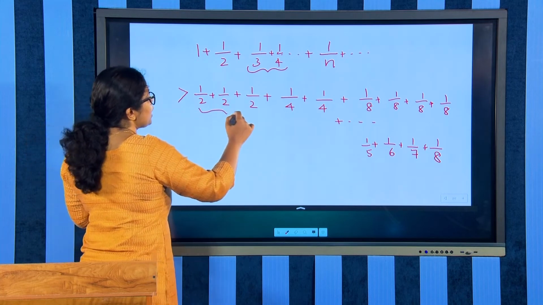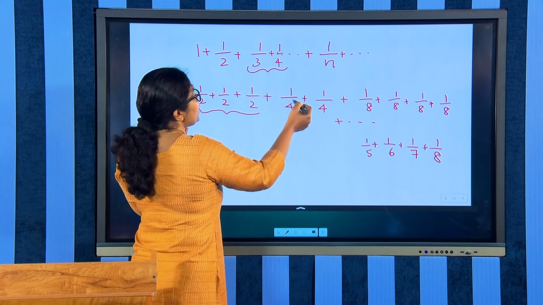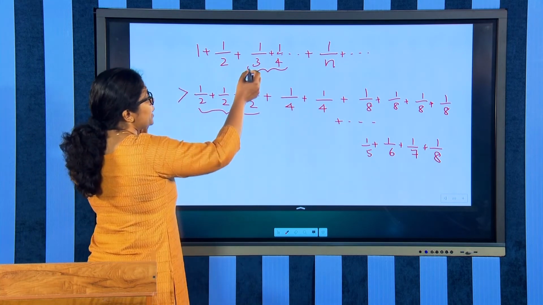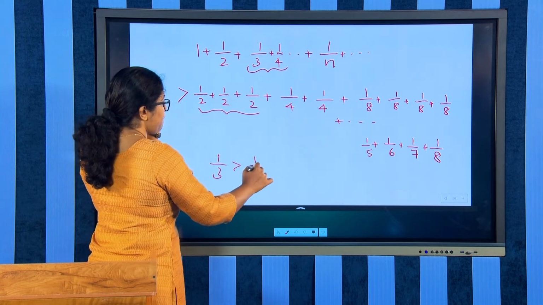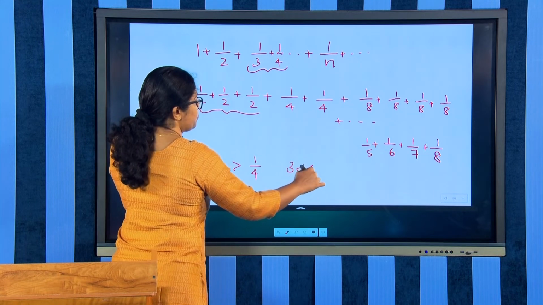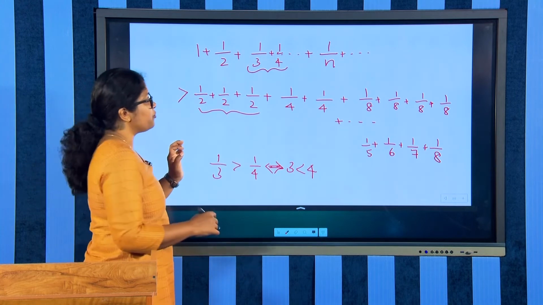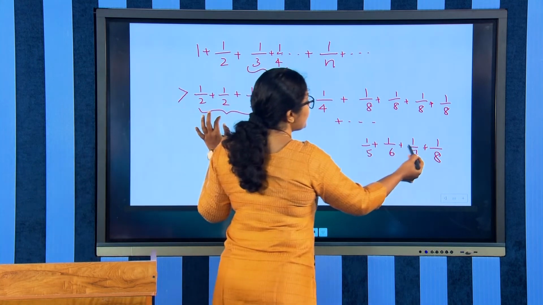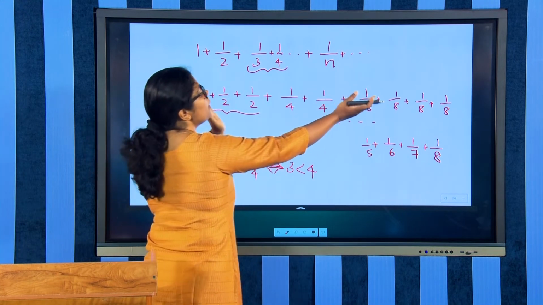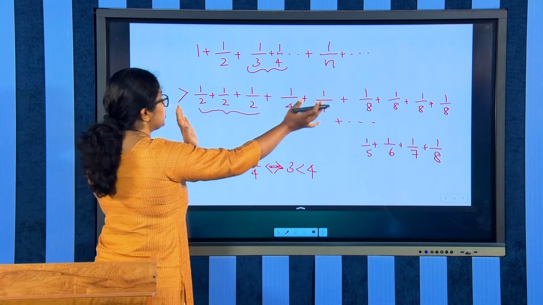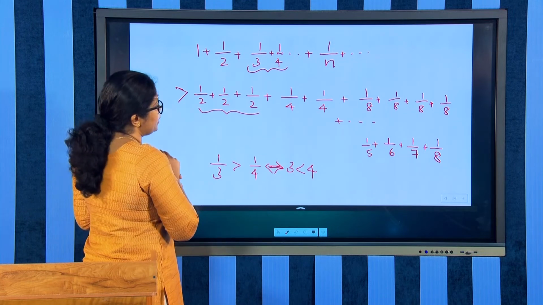So, these terms are actually the same as these, there is no difference. 1 by 3 is replaced by 1 by 4 means 1 by 3 is larger than 1 by 4 because 3 is less than 4. So, this implies that 1 by 3 is larger than 1 by 4. So, similarly 1 by 5, 1 by 6, 1 by 7 replaced by 1 by 8 gives a smaller fraction here, a smaller collection here. So, you have a notation greater than or equal to on this side.